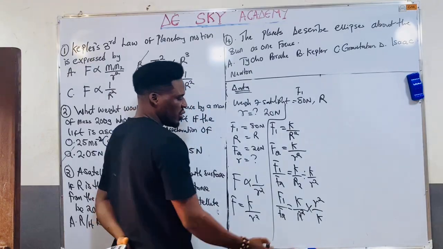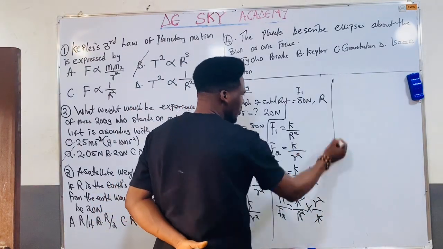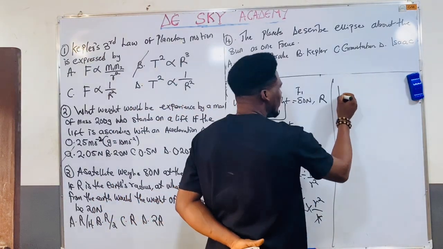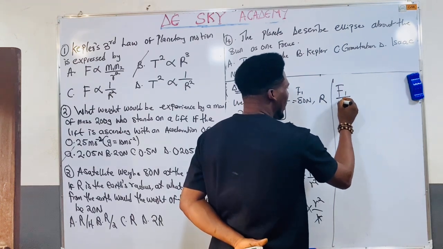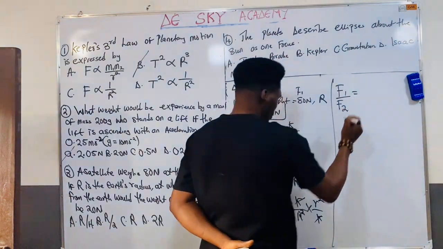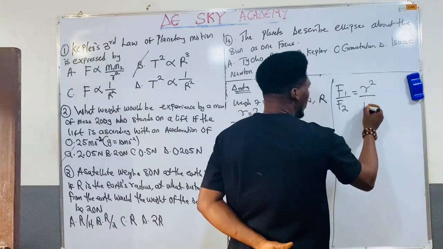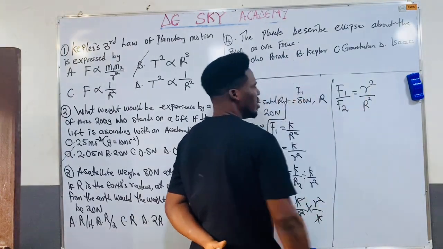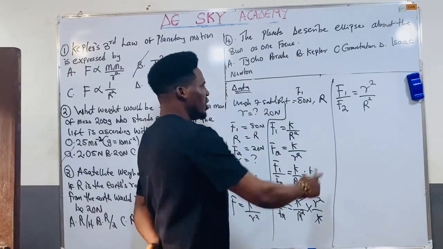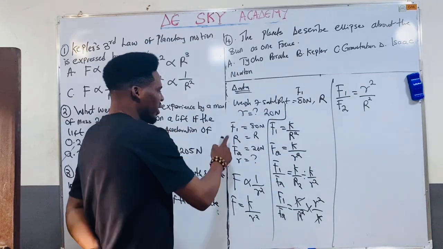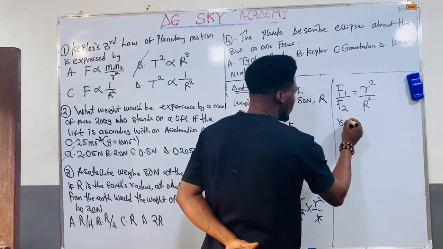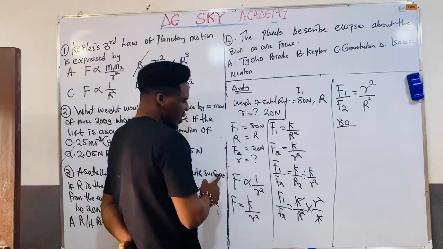So what is going to cancel? K will cancel K, right? Therefore, I will now have that F1 over F2 will be equal to r square over R square. You get? So did they give us F1? What is the force of F1? 80 Newton. I have it as 80 over, did they give us F2?